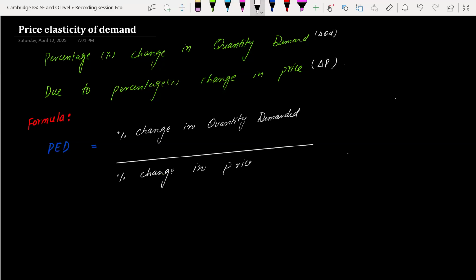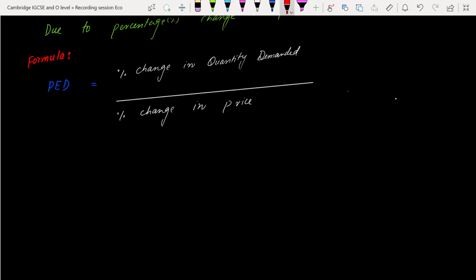It can be like this also: percentage change in quantity demand due to percentage change in price. What's the meaning of it?